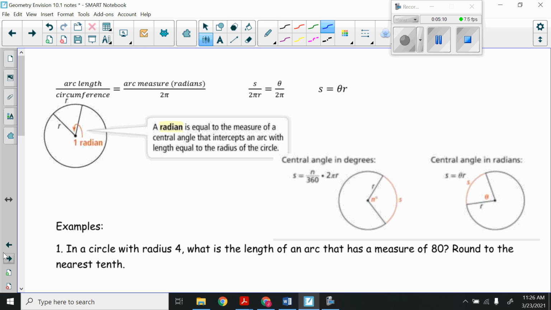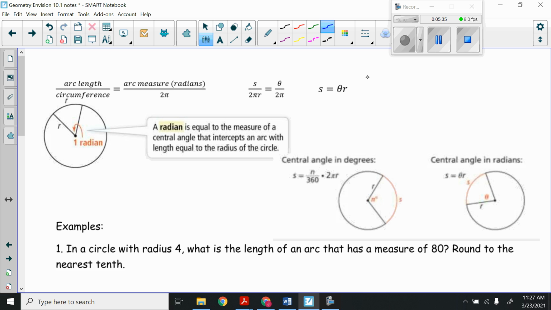So if we put that in the formula, we see that a radian is equal to the measure of a central angle that intercepts an arc with equal length to the radius of the circle. So arc length over circumference is equal to arc measure in radians over 2 pi. So again, if we cross multiply and solve that, we get that S, the arc length, is equal to theta times r.